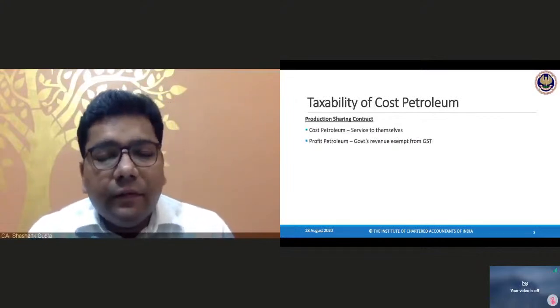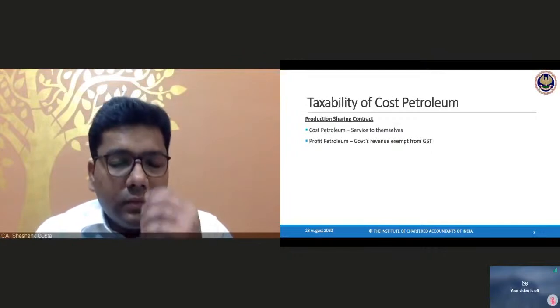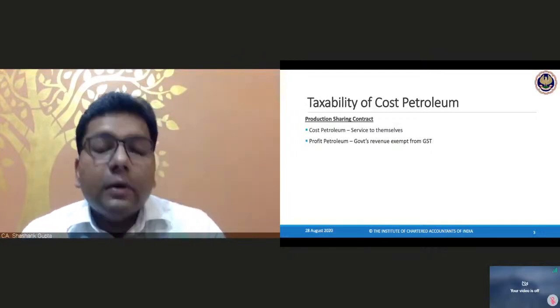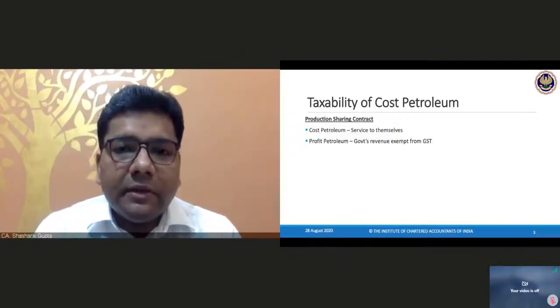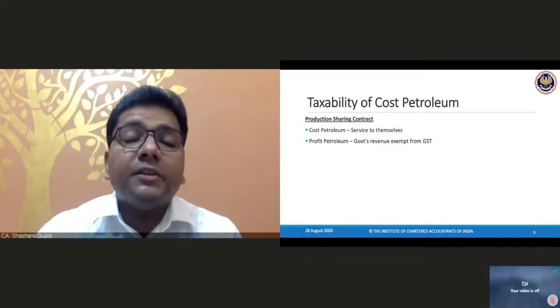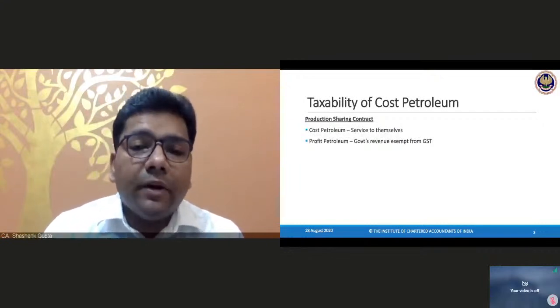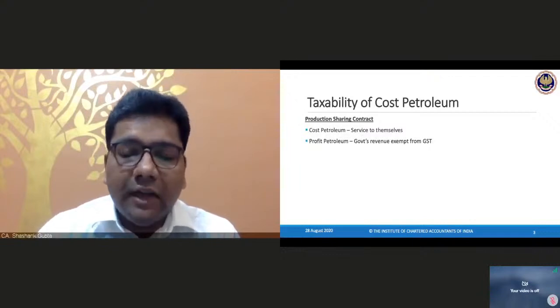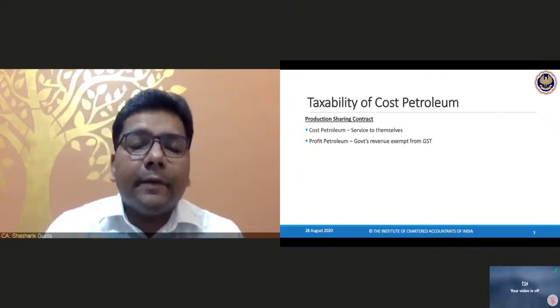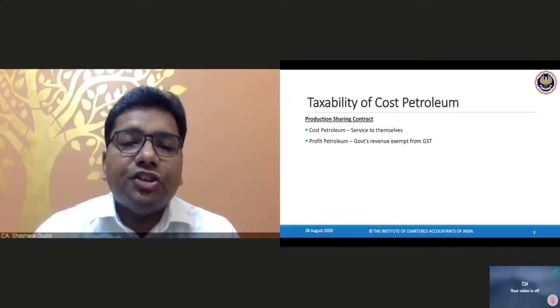Now, the government itself is not into the extraction and exploration business. Of course, there are some government entities, PSU entities like Indian Oil Corporation, Bharat Petroleum, Hindustan Petroleum, and there are private players like Reliance, Shell.